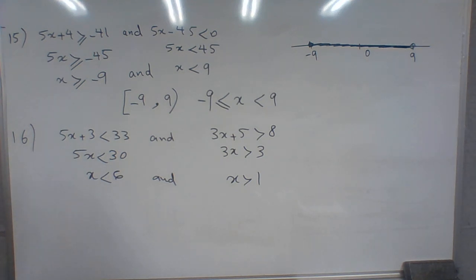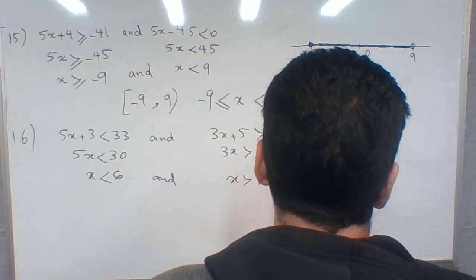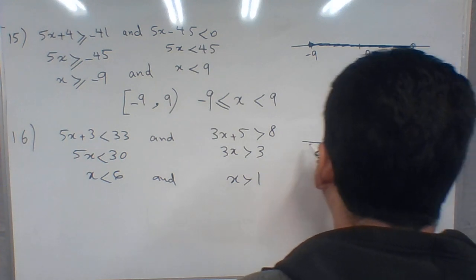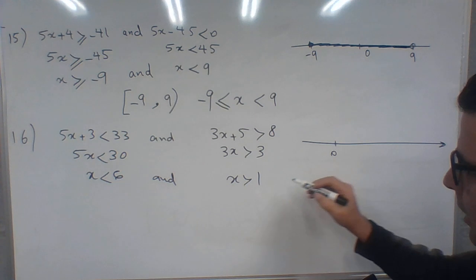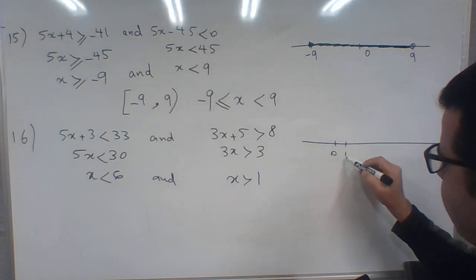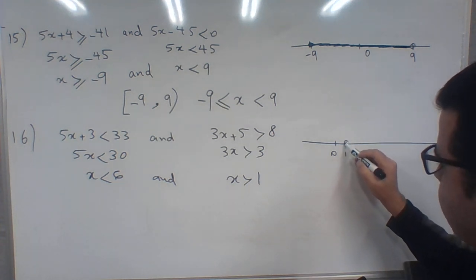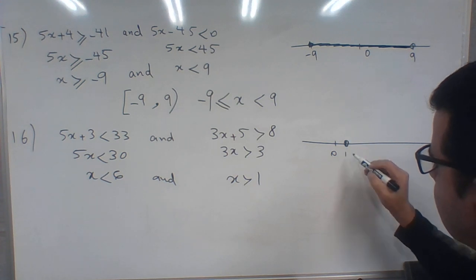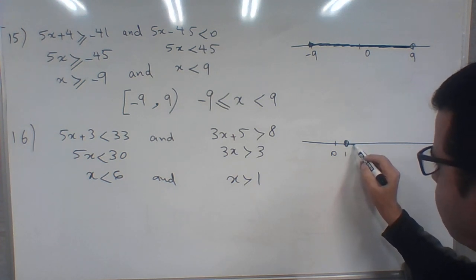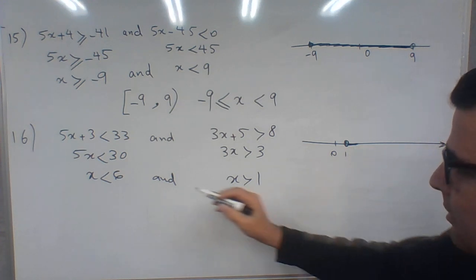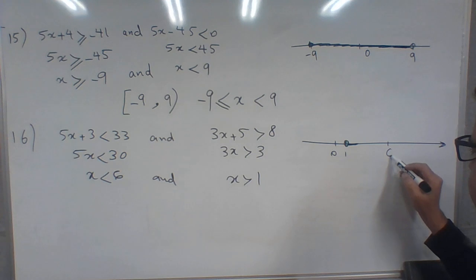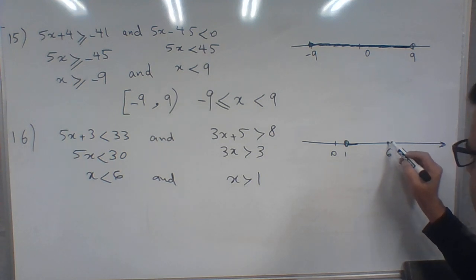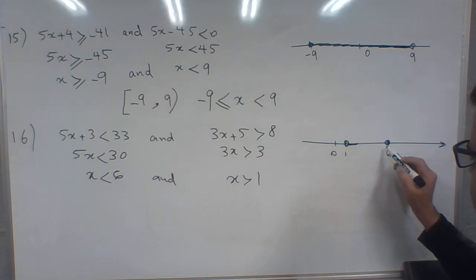Okay, so now the graph. If this is origin 0, x greater than 1, this can be 1, so it cannot be equal, so a whole and empty point to the right, and then less than 6, so the upper limit is 6, and it cannot be equal again, so an empty hole.